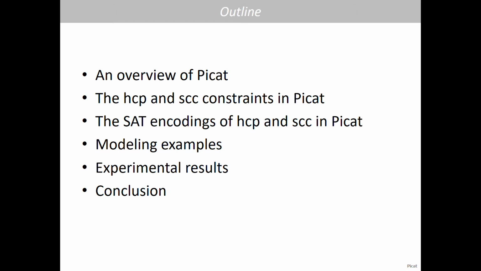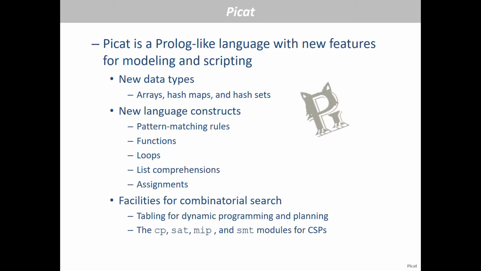All right, Picat is a Prolog-like language with new features for modeling and scripting. It provides new data types that do not exist in standard Prolog, including arrays, hash maps, and hash sets.